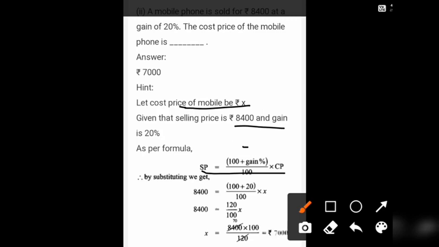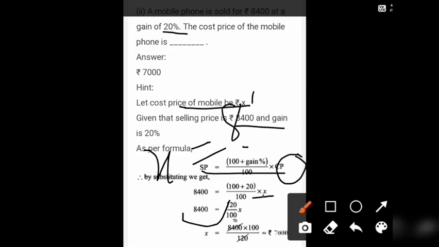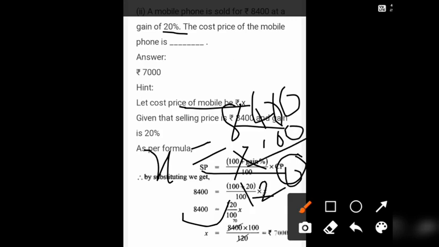And then here, asking again. Selling price is equal to 8,400, which is equal to 100 plus gain percentage 20, that is 20 divided by 100. Here the cost price we don't know, that is X. So 100 plus 20, 120 divided by 100 into X. X is equal to, this transfers to the left side so it gets reciprocal, 8,400 into 100 divided by 120. 0, 0 get cancelled.